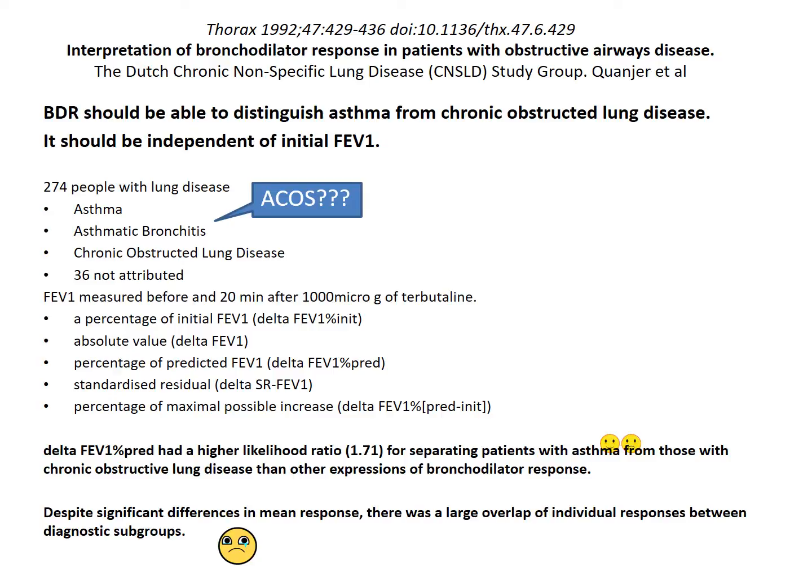But please note, in the conclusions, there were large overlaps in responses. The paper called it unimodal distribution across the groups. And what do they mean about the likelihood ratio? It comes from specificity and sensitivity, and it means nothing to me straight away. So I looked up how to interpret it.